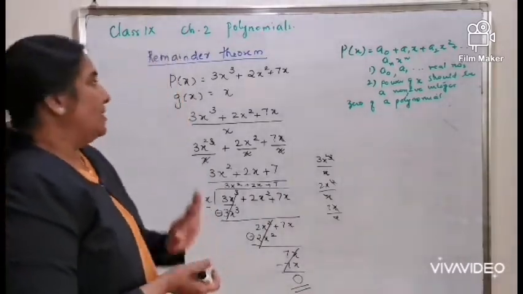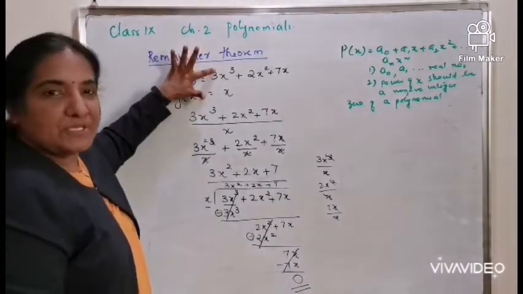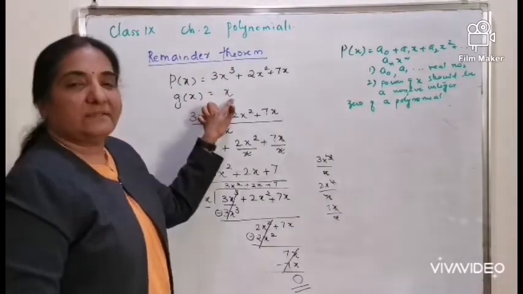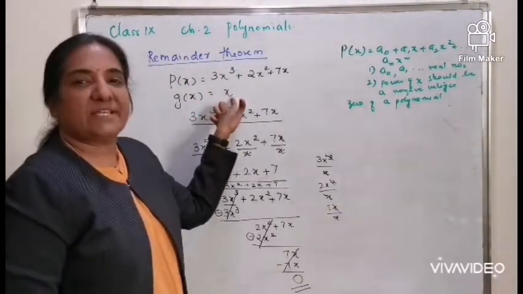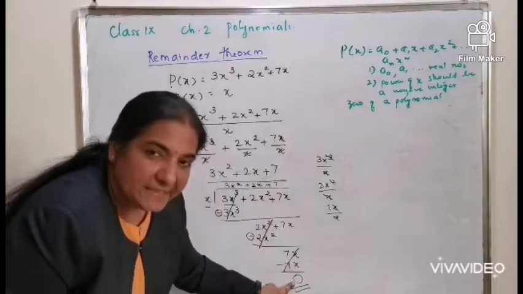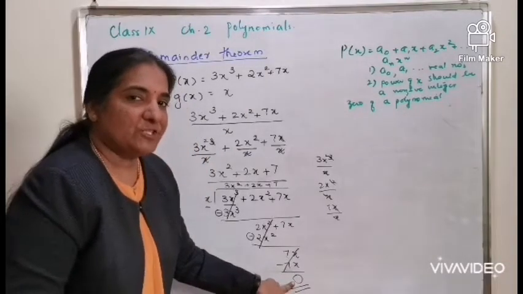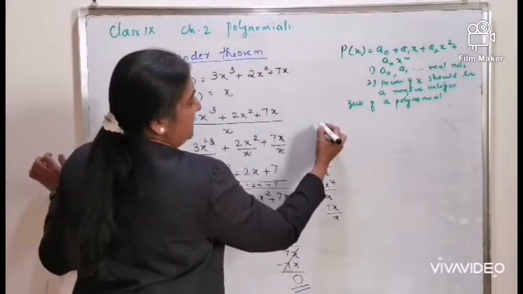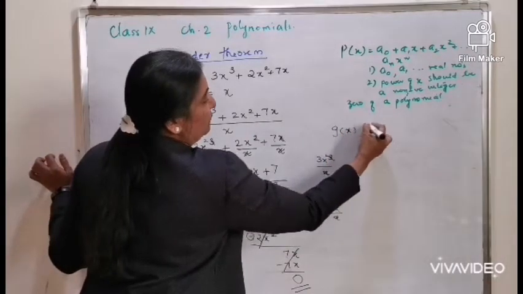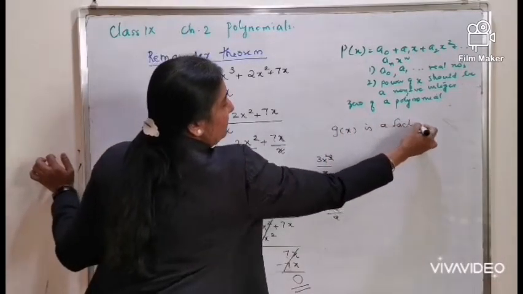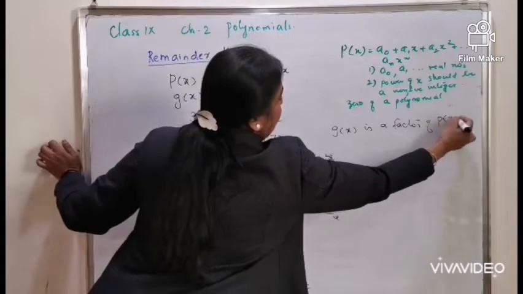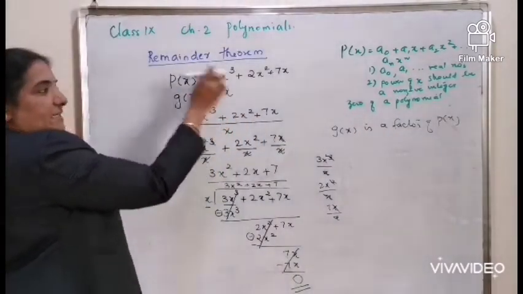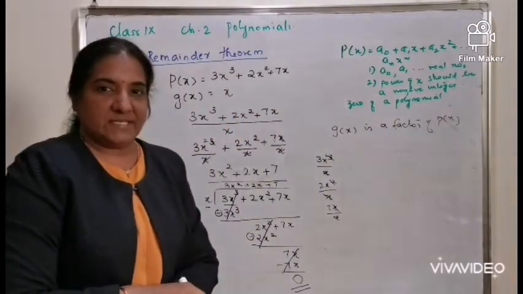That is, on dividing p of x, 3x cube plus 2x square plus 7x, by g of x, the remainder is 0, which proves that g of x is a factor of p of x.